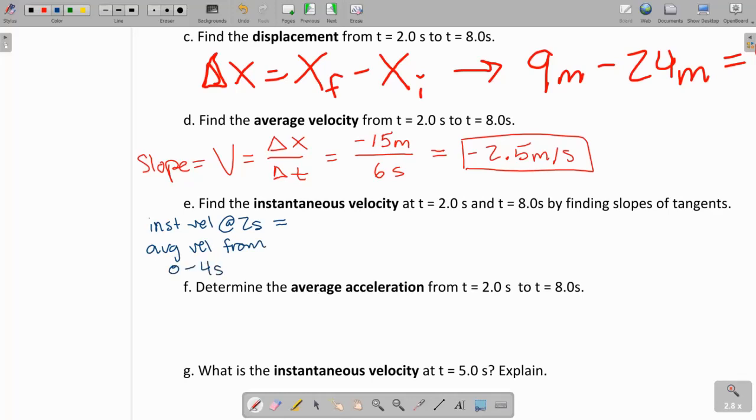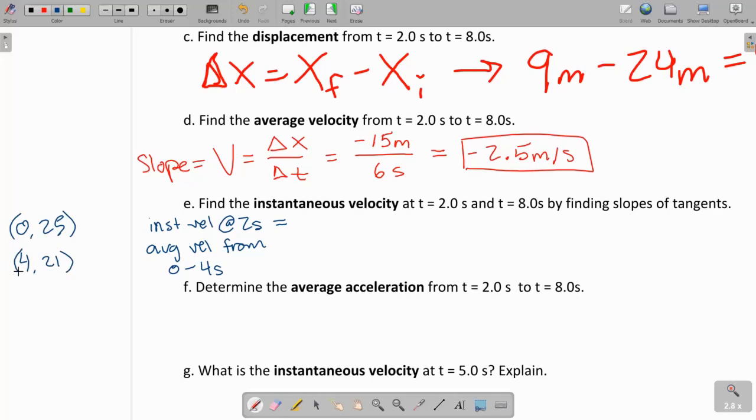Again, we could also do 1 to 3 seconds, as long as 2 seconds is right in the middle. So those 2 points are 0, 25, that's our first point, and the second point is 4 seconds and 21 meters.